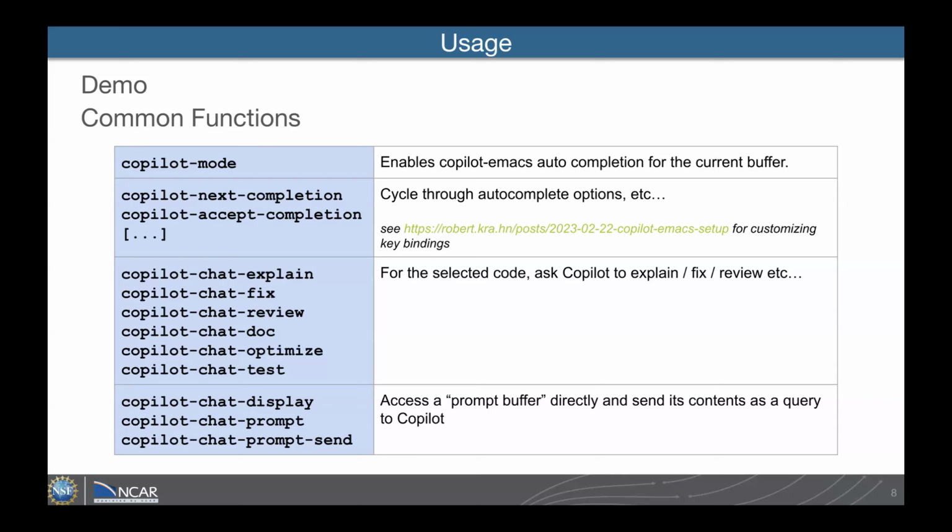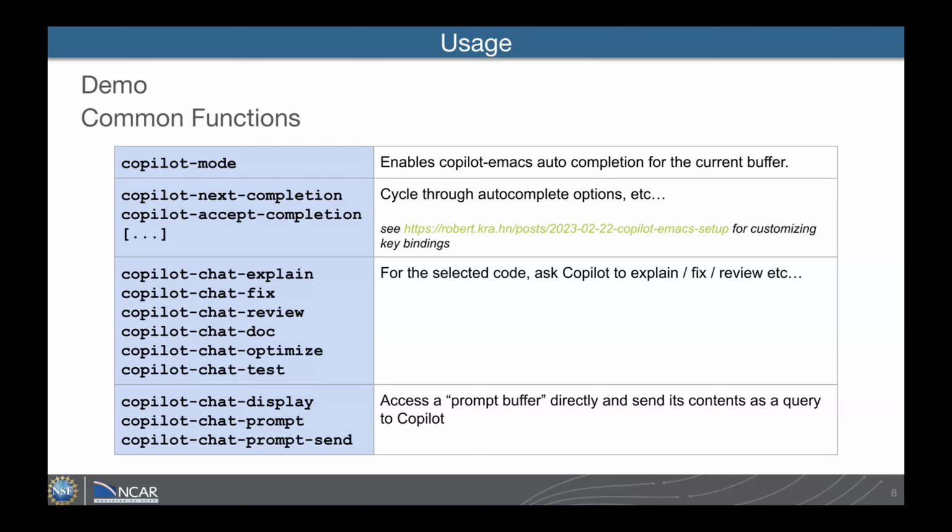I bind these to keys. There's a blog post linked in the charts here that gives you more details on various key bindings that you can use. Personal decision, but I find that much more streamlined than interacting through the Emacs minibuffer. So again, Copilot mode is like autocomplete on steroids. That's all about the completion functionality.